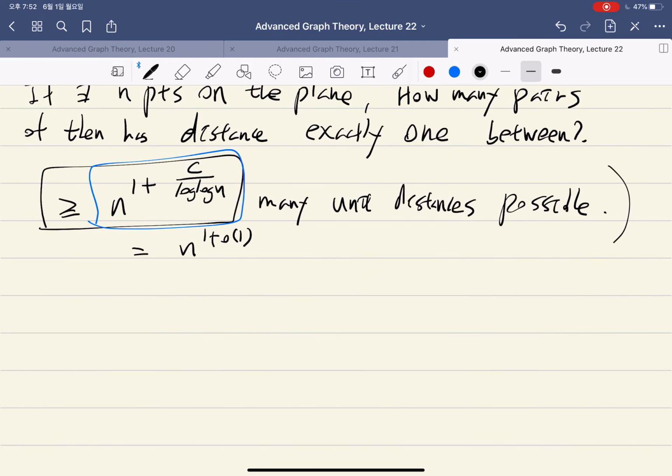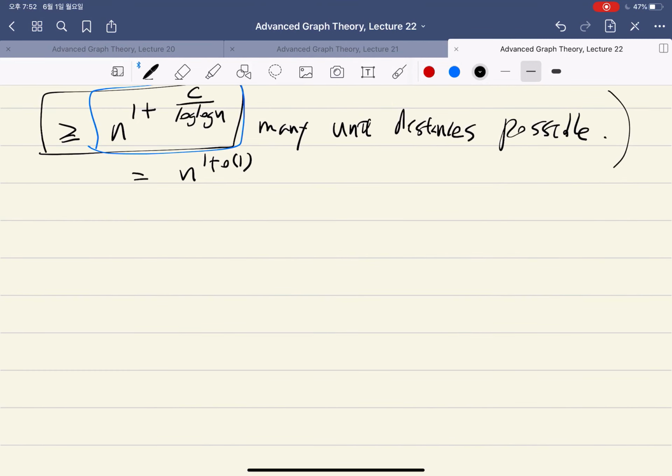Then, in order to prove the upper bound, how can we prove it? Consider this graph: if two points have distance 1, then we add an edge. If their distance is not 1, then we don't add an edge.